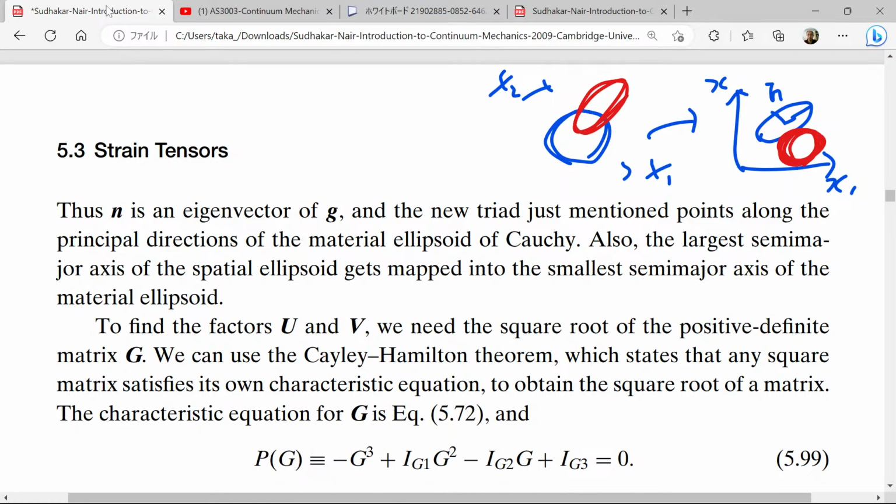The largest semi-major axis of the spatial ellipsoid gets mapped into the smallest semi-major axis of the... yeah, maybe that's the case.